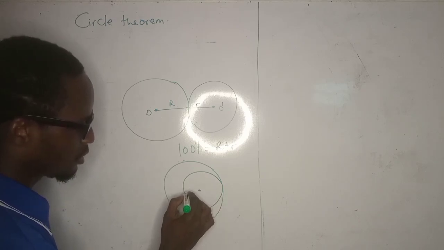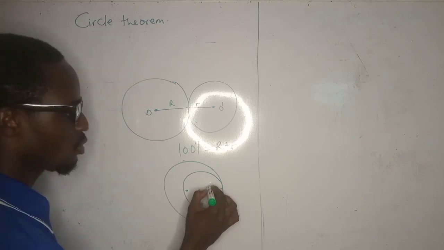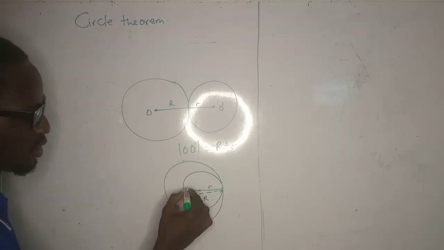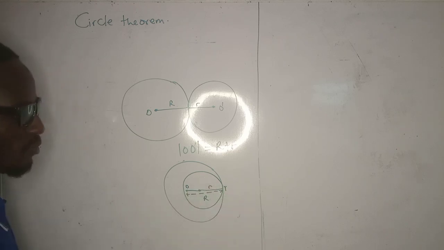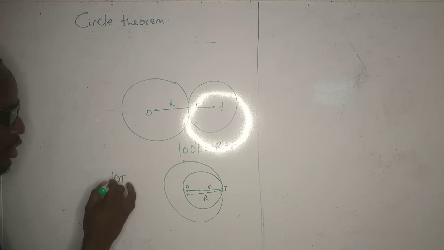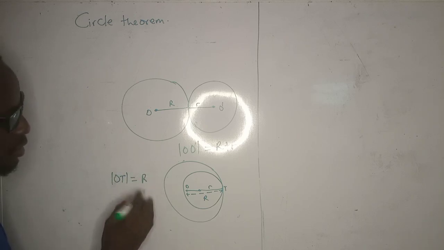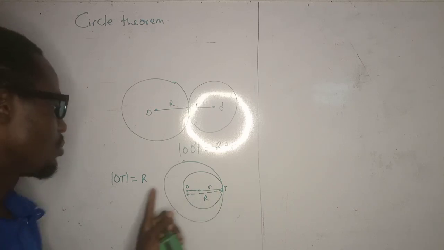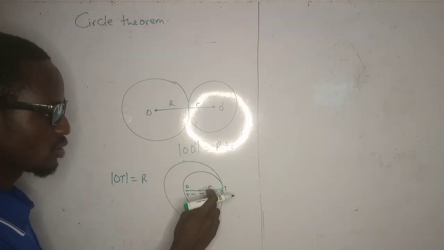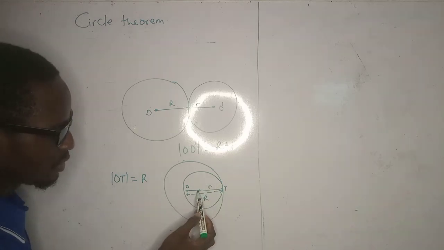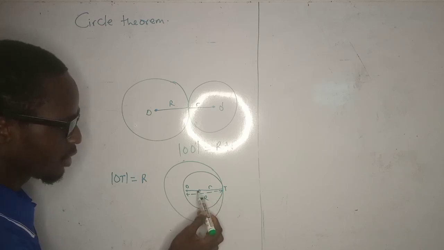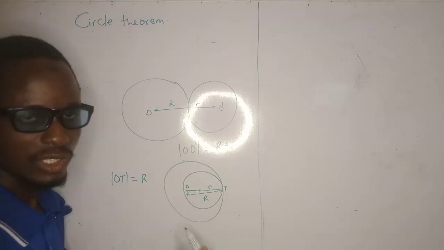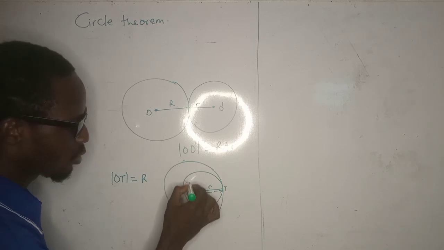So this is the small one, and if you join this with this, you have the big radius here, R. Which means from this O to this point T, OT is R, the whole R. So the small r is going to be OT minus the distance, where OT is R. To get this distance between the centers of the circles, you just have to subtract the radius of the small circle from R. You can use this property because this is center 1, center 2.